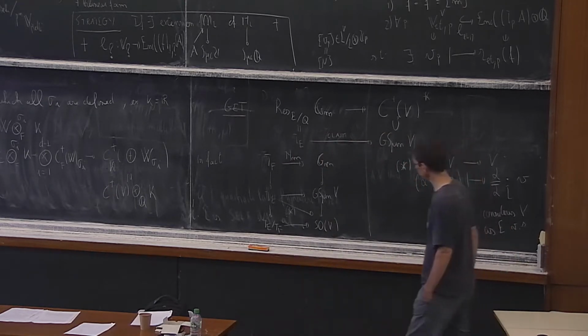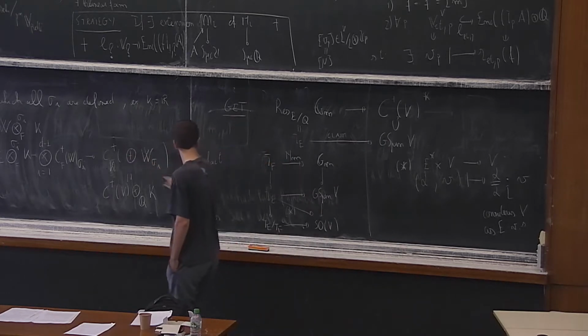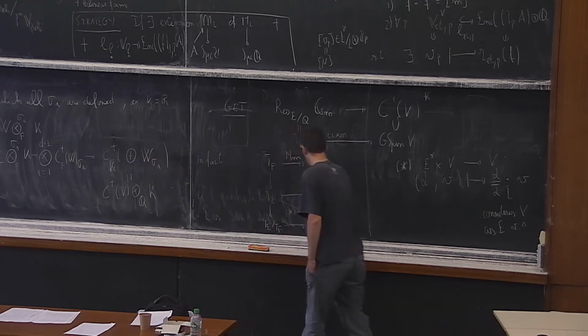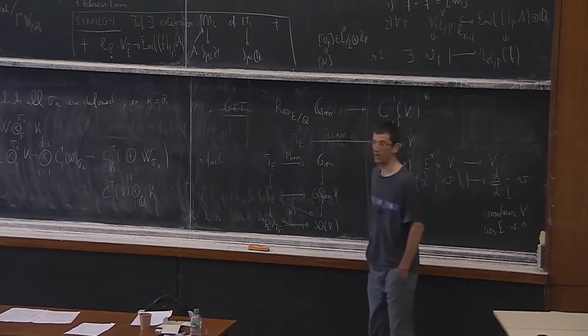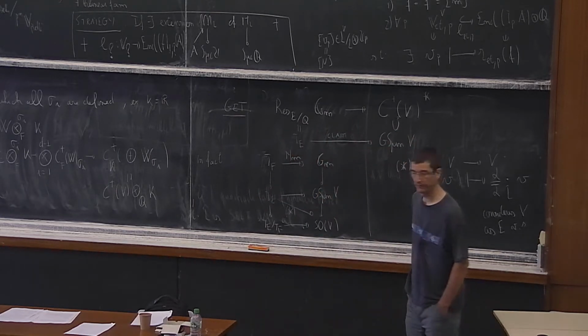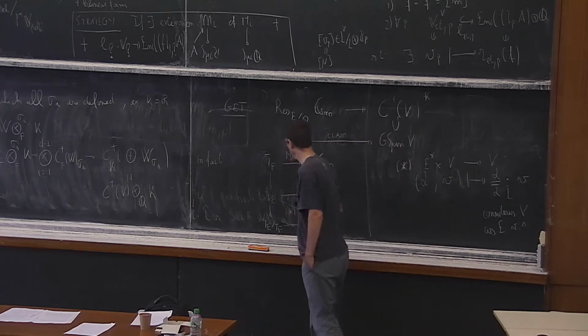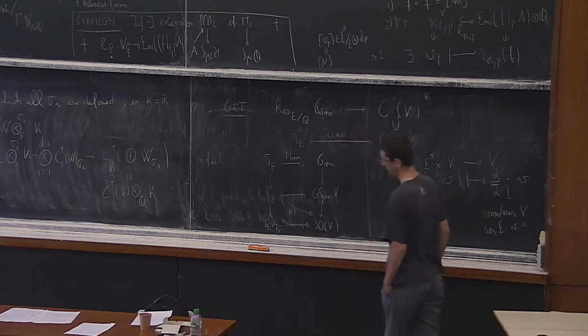Okay? So even if this is confusing, at least we have understood what this map is, and the claim is that it lifts to a map to G spin such that it fits in this diagram.